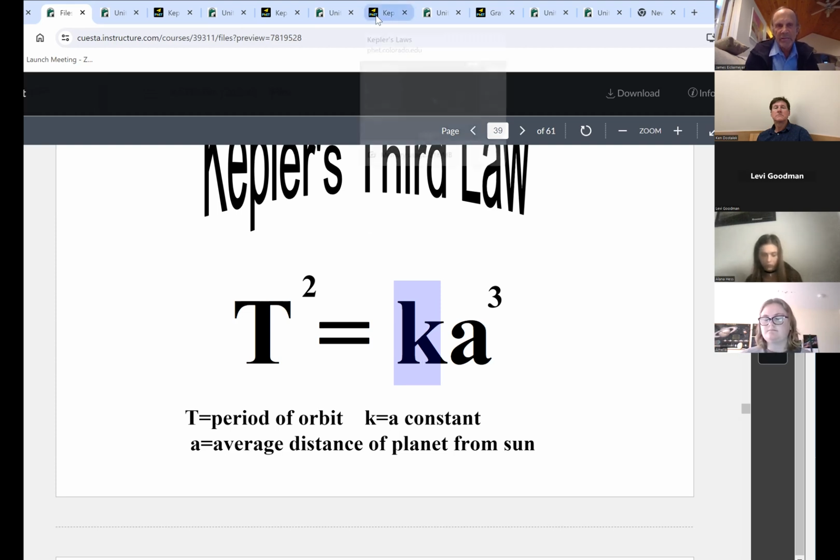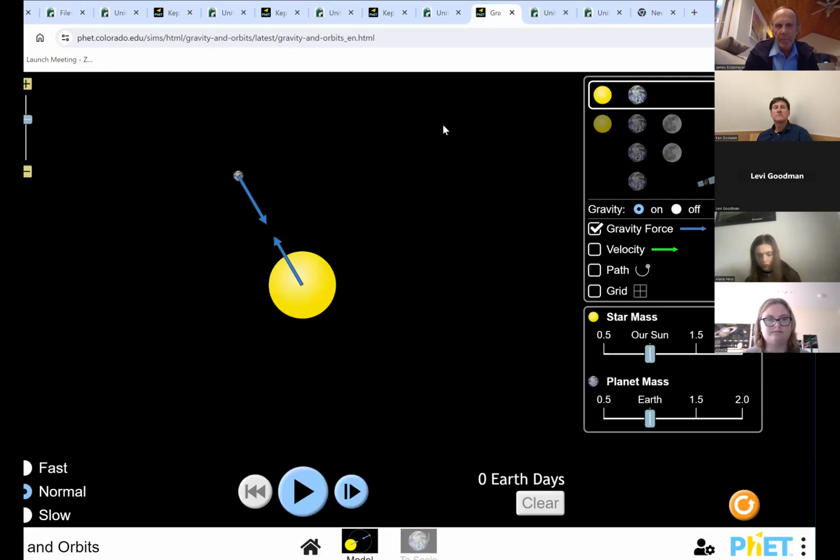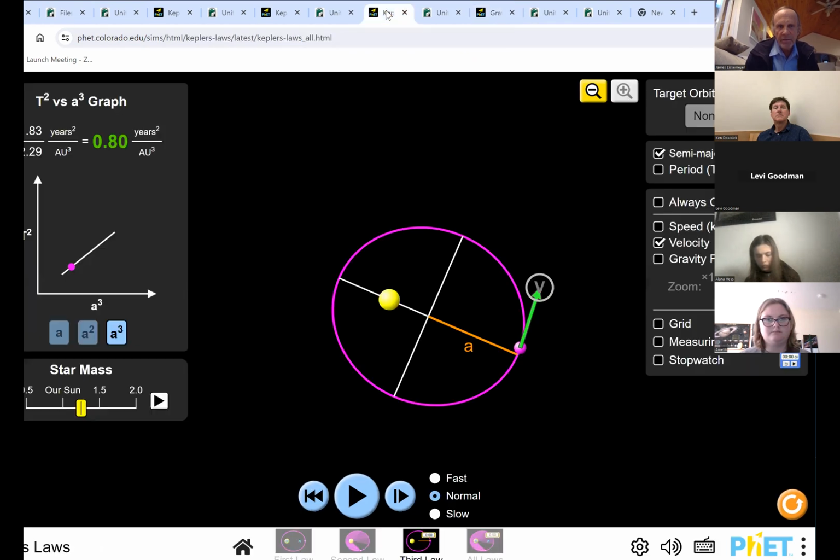And so I've got a simulation here for the third law. This is another one that you have a simulation for. And so let me just go ahead and play this one. In this one, we have one star going around another.